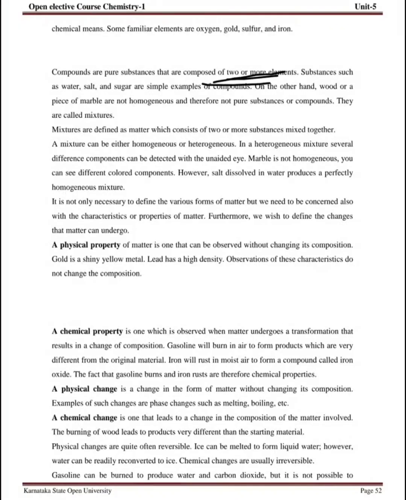And next is the physical property. A physical property is one that can be observed without changing its composition. In a physical property, there will be no chemical changes. A chemical property is one observed when matter undergoes a transformation that results in a change in the composition also.